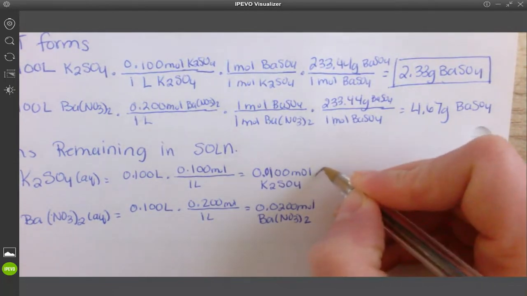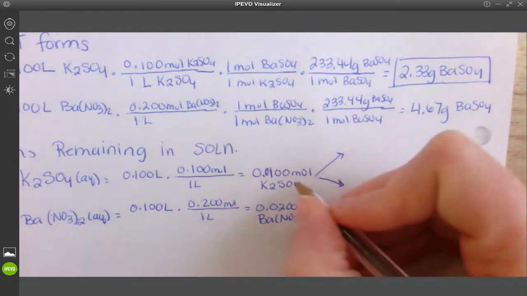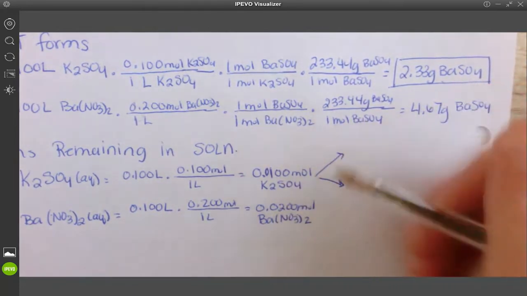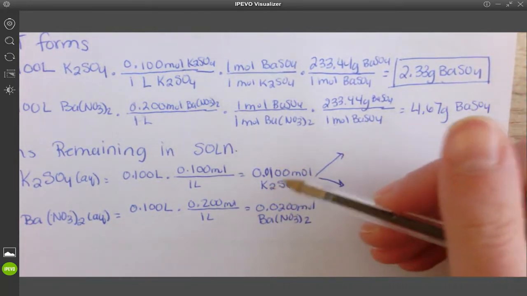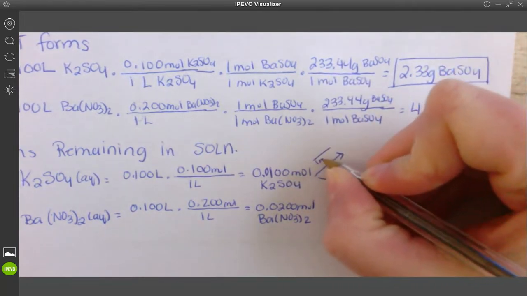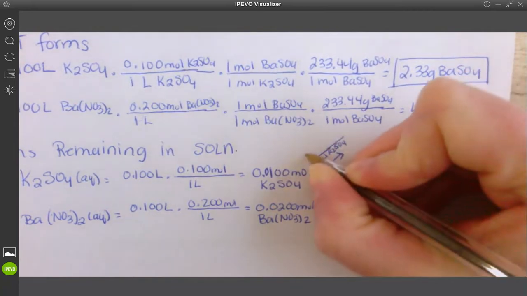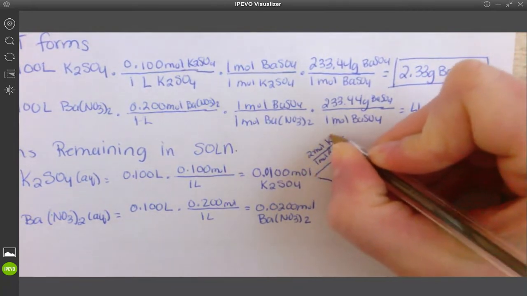So if I think about breaking this part up, okay, I have my K plus, my potassium ion. Now, for every 1 mole of K2SO4, I get 2 moles of K plus.